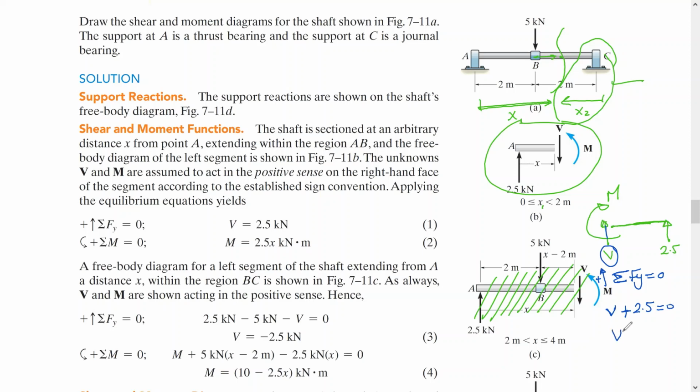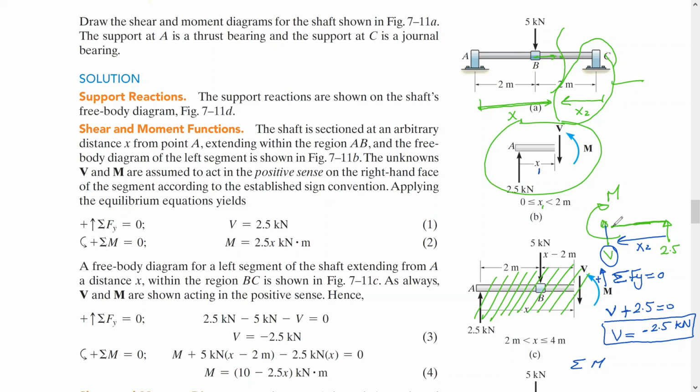So V here is equal to minus 2.5 kilonewton. Here we name this x2 and this one x1, as we said, to be clear.